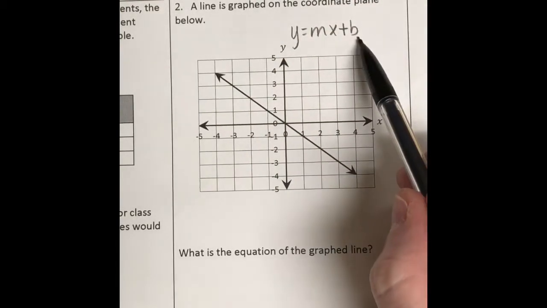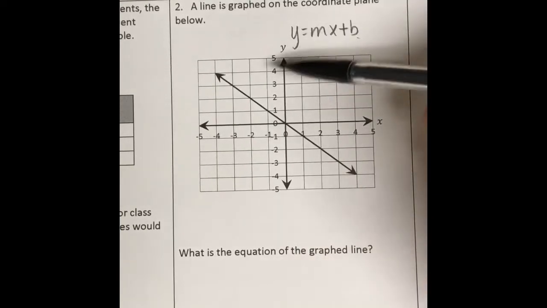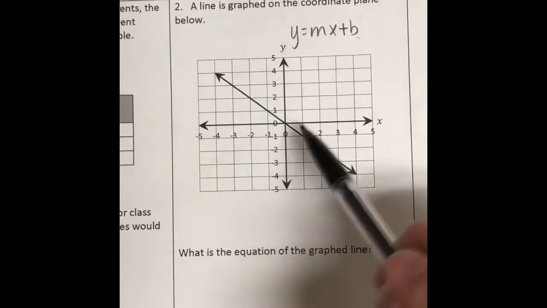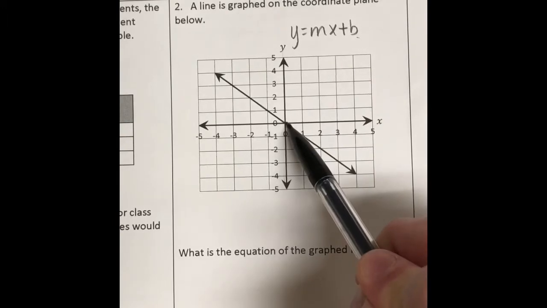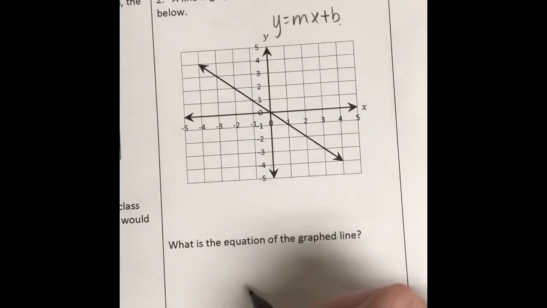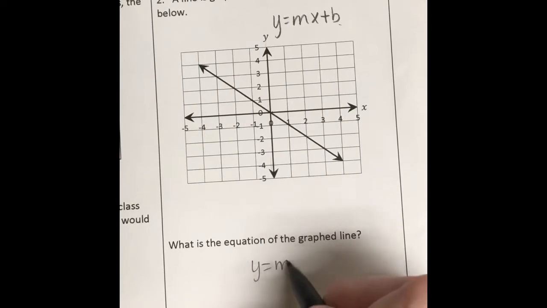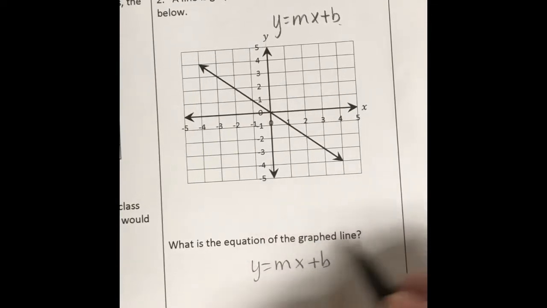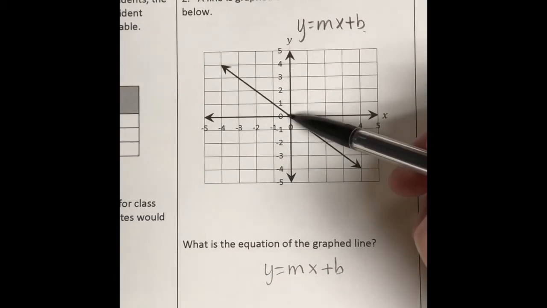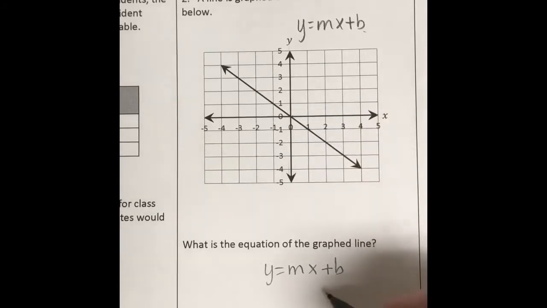Remember, Miss Harrington said that the b is where it crosses the y-axis. Where does it go across the y-axis? Right here at 0, 0, which is the origin. I actually should have written it down here. Y equals mx plus b. Okay, so since it crosses the y-axis right here, it's going to be plus 0.